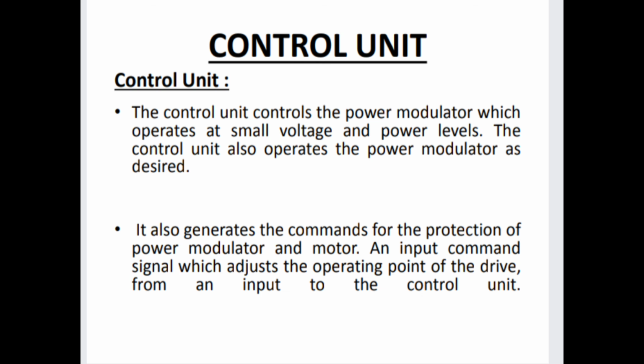The control unit also operates the power modulator as desired. It generates the commands for the protection of the power modulator and motor, and the input command signal adjusts the operating point of the drive from an input to the control unit.